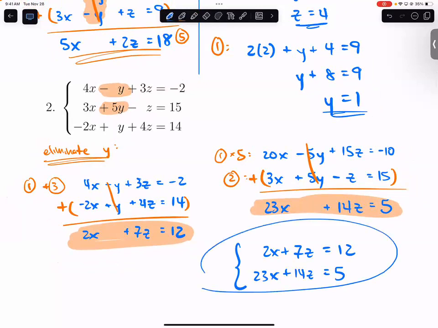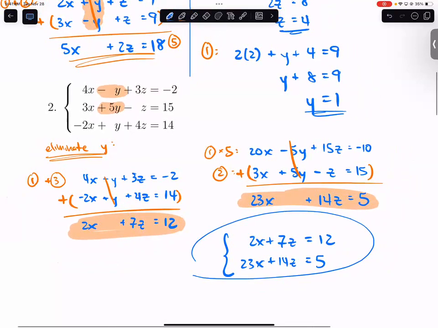So now we go solve that smaller system. I got 7 and 14, so I can multiply this one by 2 and subtract. That would be one way to do it. You can do a substitution. You can do whatever you want. Eliminating is probably the most straightforward way to go.